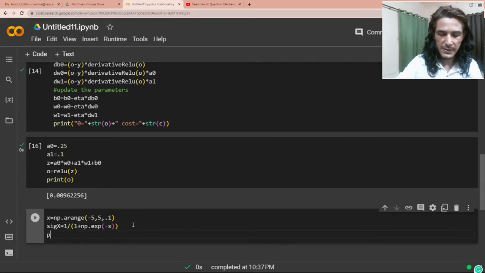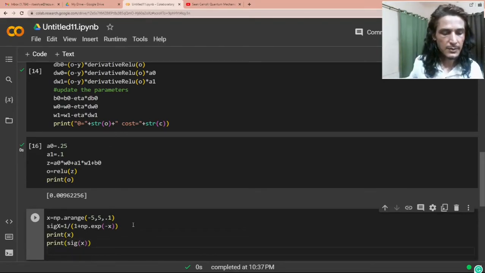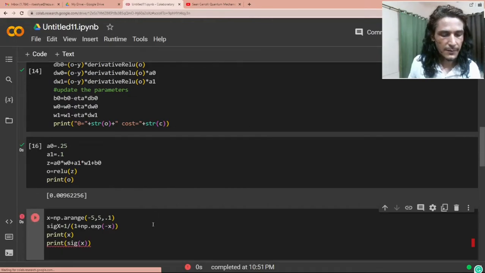Let's print it first and see whether it's right or wrong. Print x, and let's print sigmoid of x.